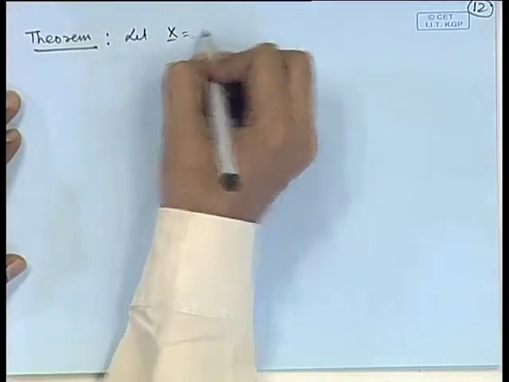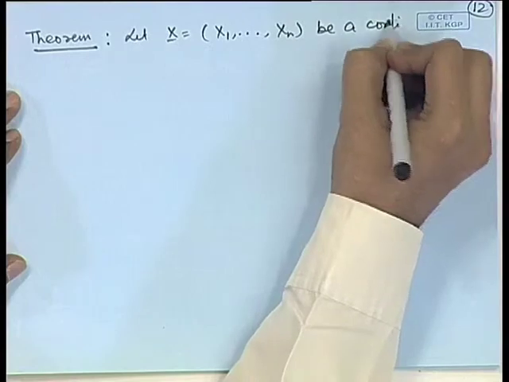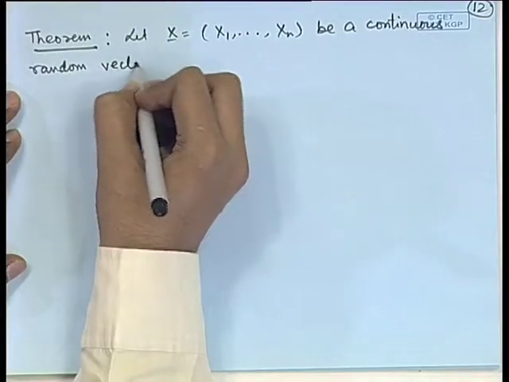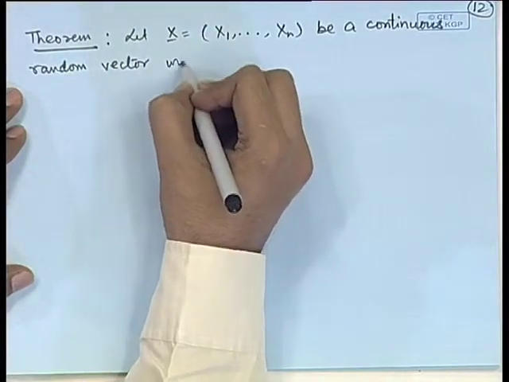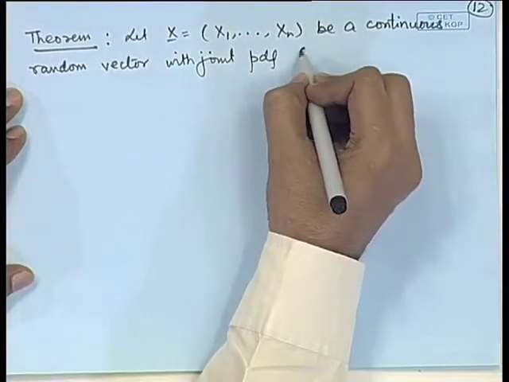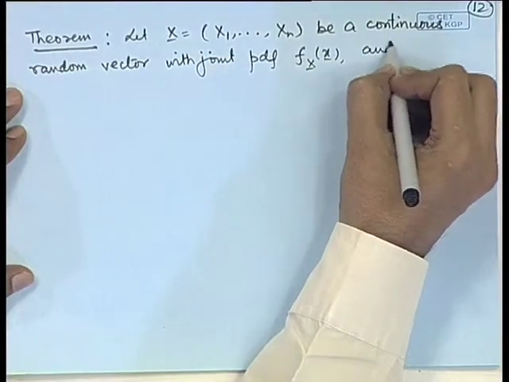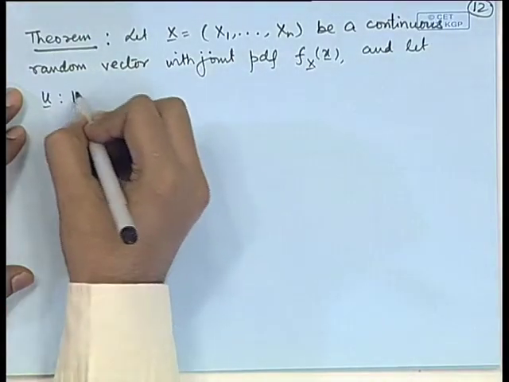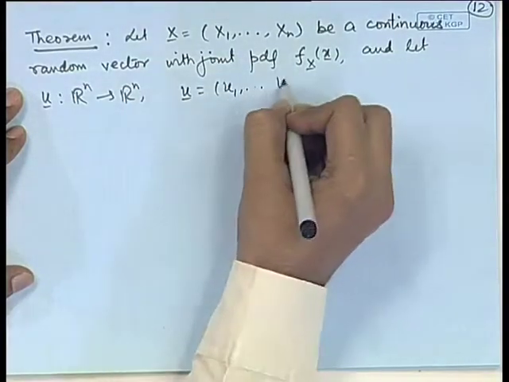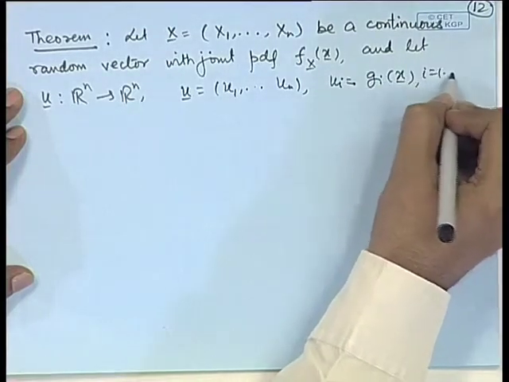Let X = (X1, X2, ..., Xn) be a continuous random vector with joint PDF f of x, and let U be a mapping from R n into R n, where U = (U1, U2, ..., Un), U_i = g_i(X) for i = 1 to n.